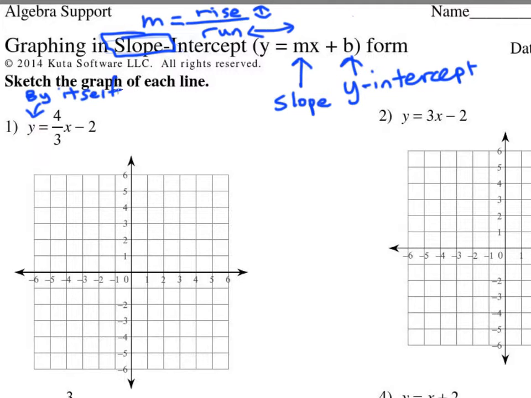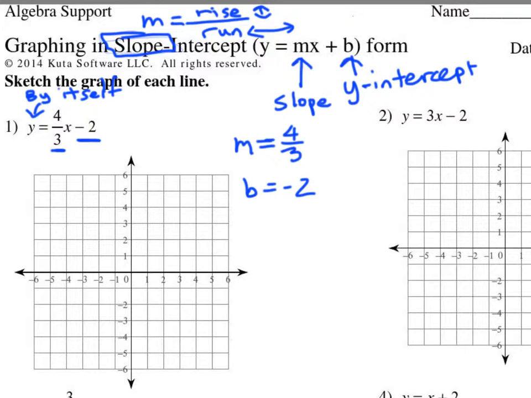Our slope is m, it's right here, and this is our y-intercept. Our slope is 4/3. That's our m right here. And then our b is right here. So b equals -2.